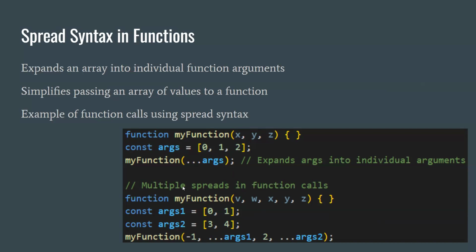And we can even apply multiple spreads in a function call. So we have another my function that receives 5 parameters, and we have 2 args arrays. And when we call my function, we can provide parameters manually and then call multiple spreads.